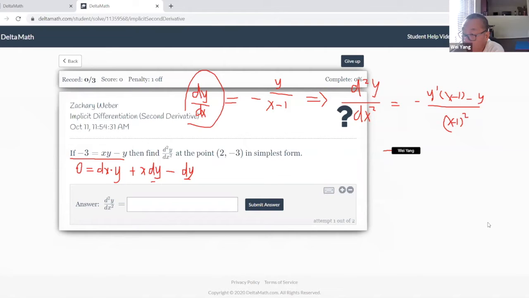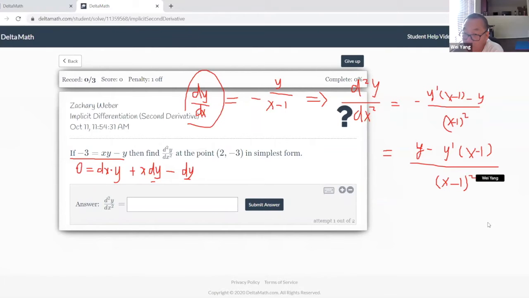So this gives us a negative, and this negative needs to be distributed to each term up here. So now let's switch this order, and we don't need this negative here. That would be y derivative times x minus 1, then divided by x minus 1 squared.